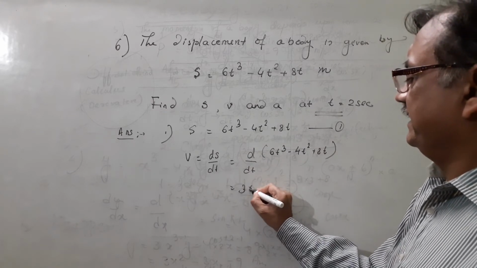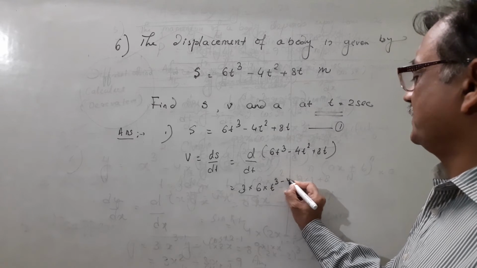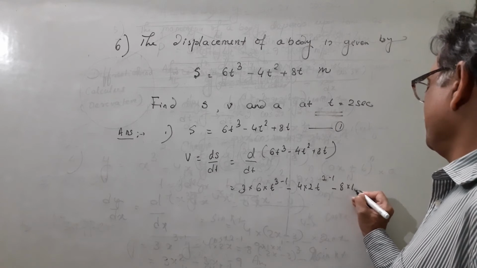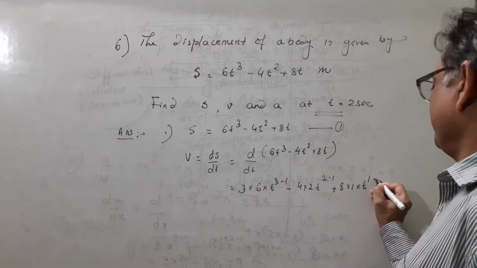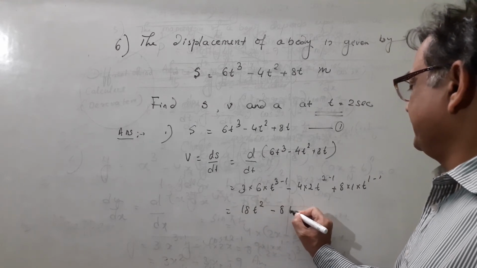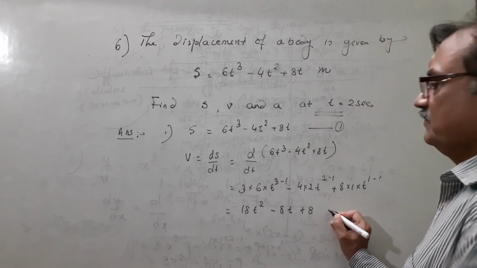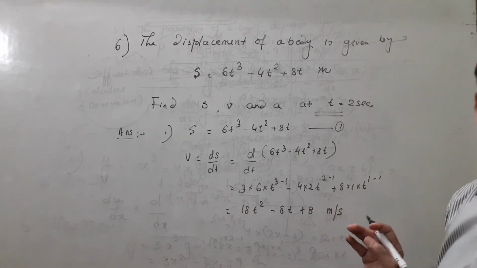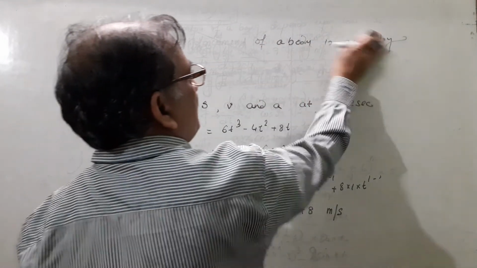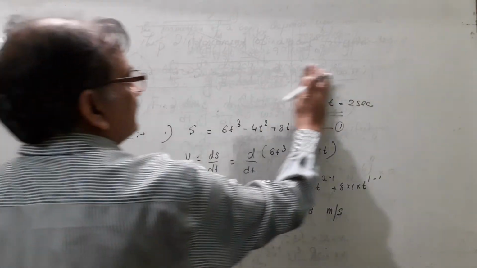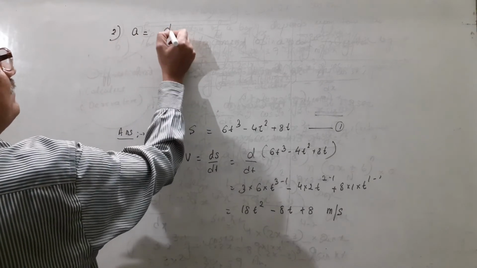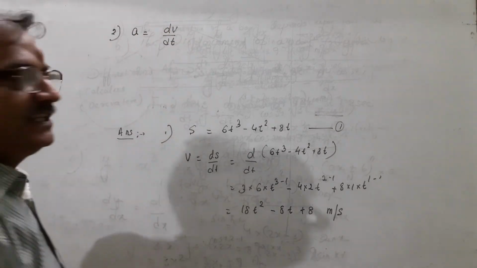That is 3 into 6 into t to the power of 3 minus 1, minus 4 into 2t to the power of 2 minus 1, plus 8 into 1 into t to the power of 1 minus 1. So we are getting 18t square minus 8t plus 8. Velocity, it will be meter per second. Correct? Then the second part, acceleration is equal to the derivative of velocity; rate of change of velocity is called the acceleration.